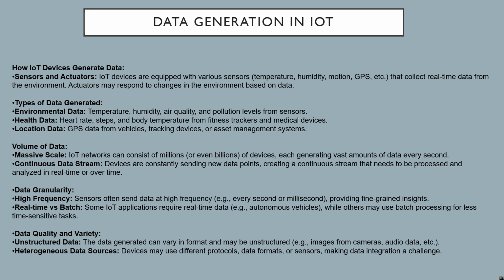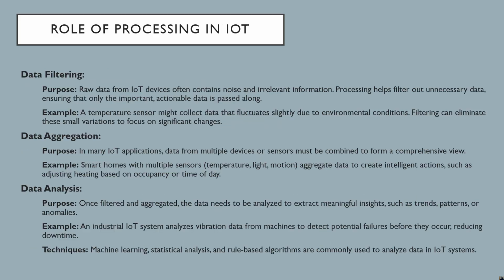Next, moving on to data quality and variety. Unstructured data and heterogeneous data sources come under this. In unstructured data, the data generated can vary in format and may be unstructured. In heterogeneous data sources, devices may use different protocols, data formats or sensors, making data integration difficult.